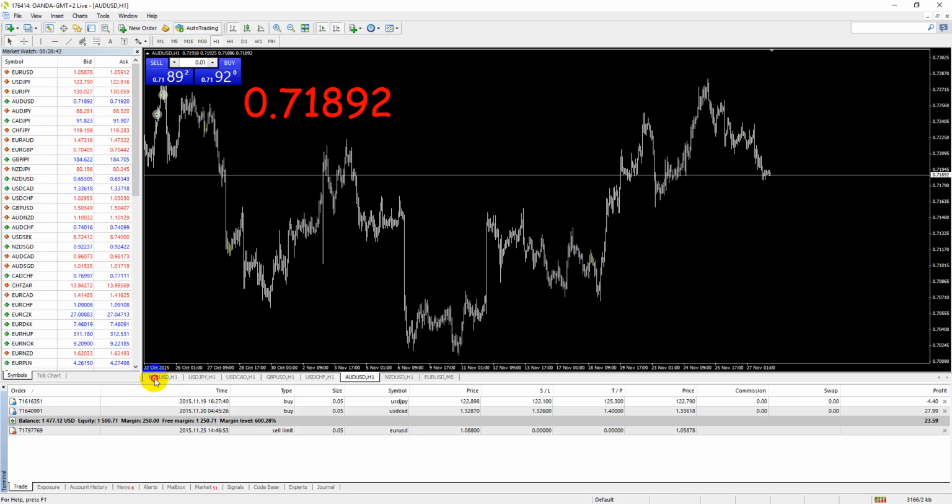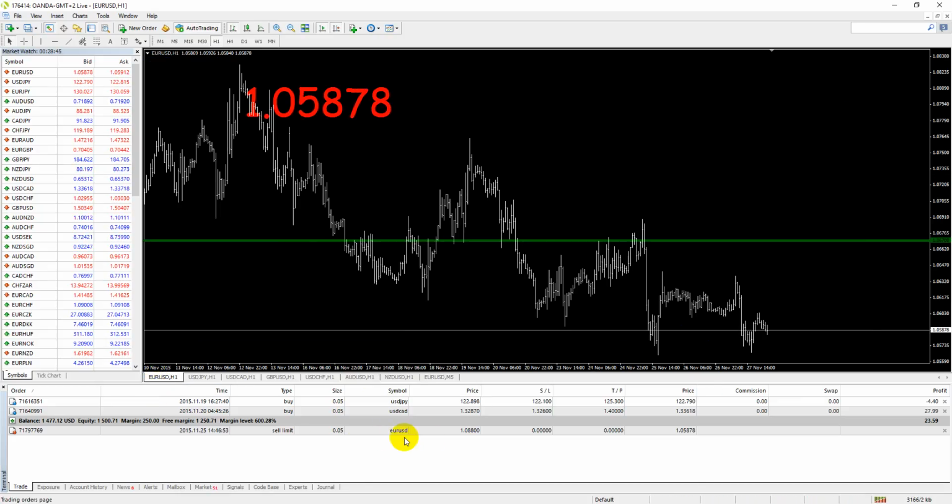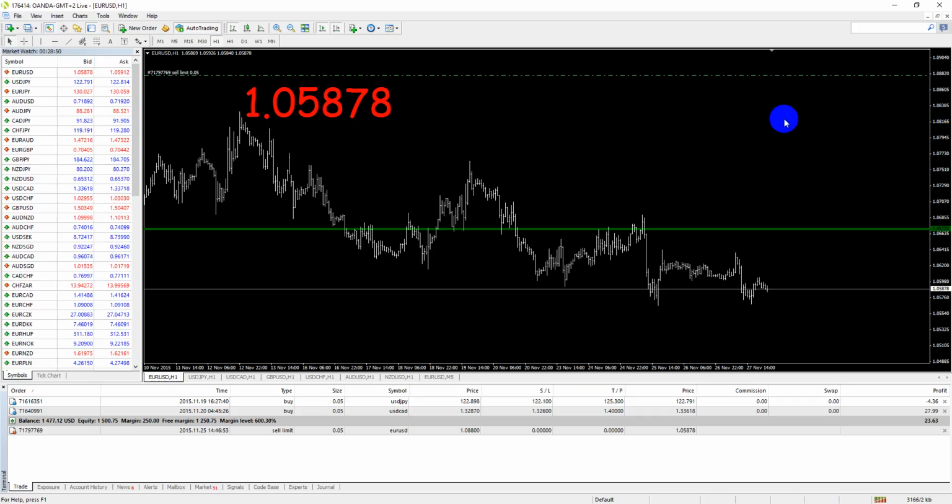On the euro, at this level, I think I need to move that down. So this is where I expect to enter the short. I'll wait for the market to come my way, and I'll go short at 1.0670 and trail it for hopefully 300 or 400 pips.